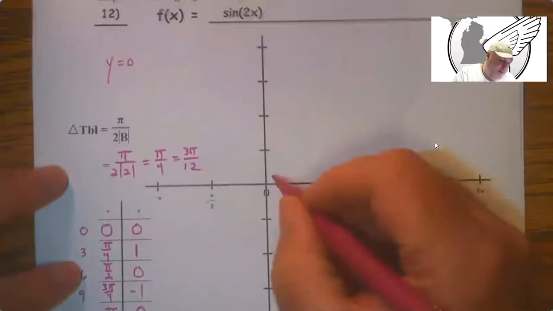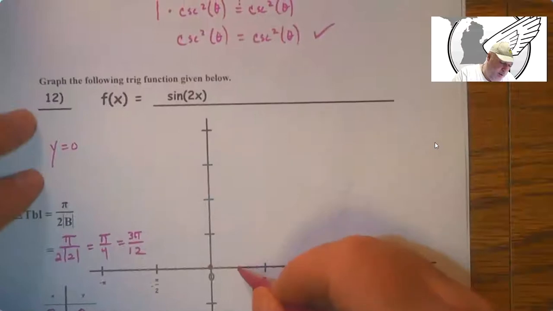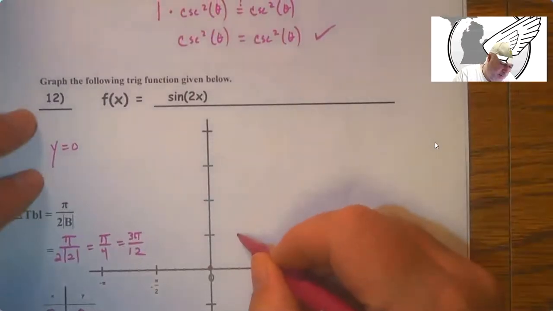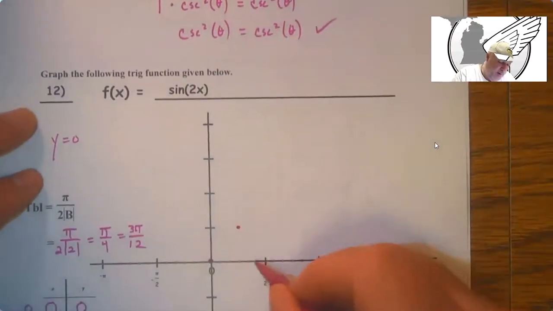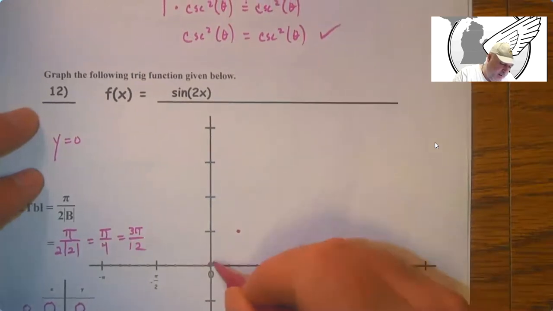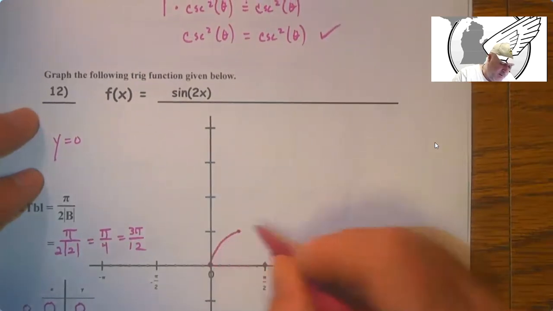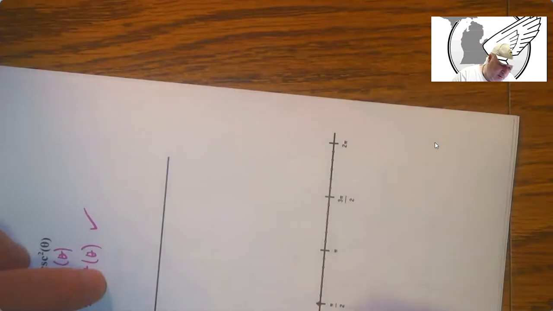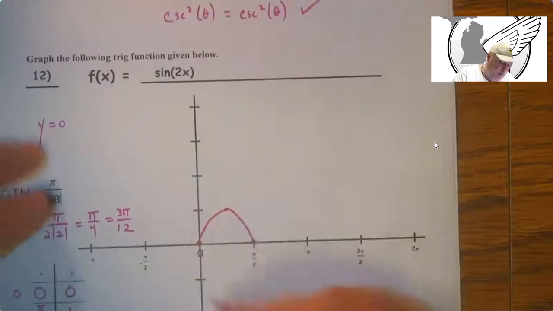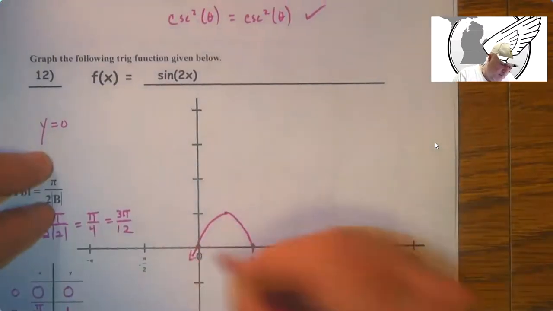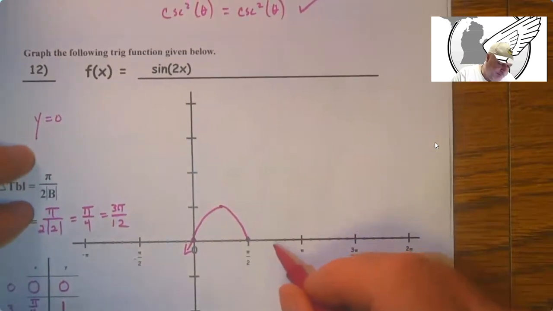Okay, so 0, 0, and then 3 marks up to 1. So that's the 3 pi over 12, and then 6 pi over 12. So what I'm saying is that your curvature is going to change over as we go across the midline.